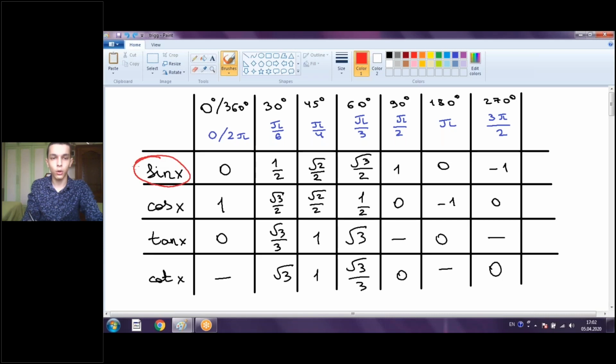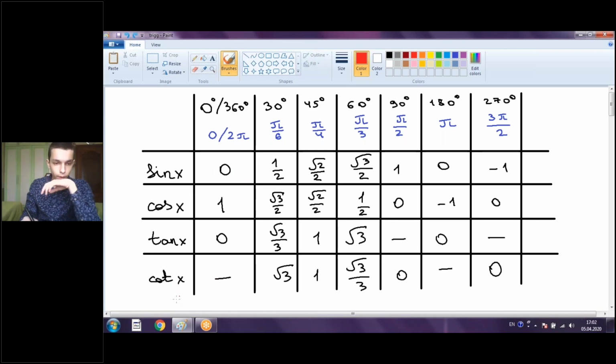For example, sine of 30 degrees is 1/2. Tangent of 0 degrees or 360 is 0. Cotangent of 0 is undefined. Why? Because cotangent is cosine divided by sine. Here, 1 divided by 0. We cannot divide 1 by 0. It's a math problem. So we say that cotangent here is undefined.